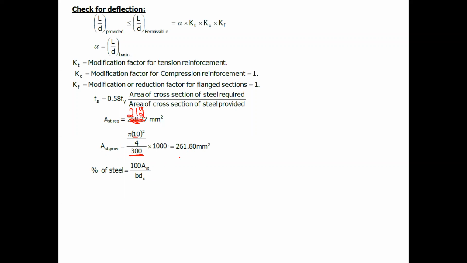Okay. So now calculate the percentage of steel. So percentage of steel is equal to 100 AST by BD. Again here D you have to consider 120. Okay, sorry, it is 120. It is not 130.